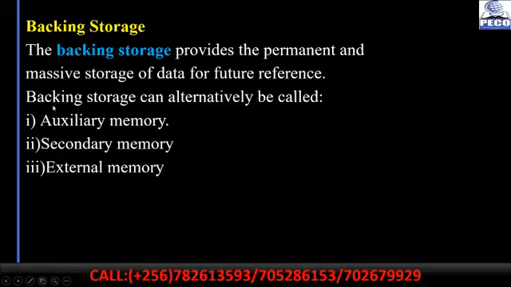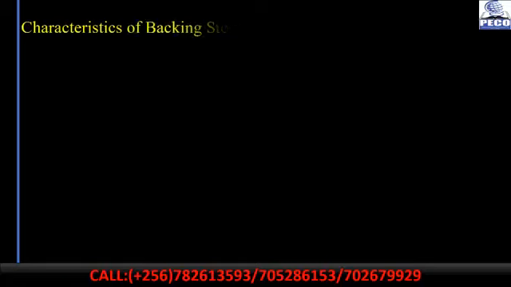Auxiliary, because these are simply giving help to main memory, which is slow. Secondary also means the same. External, because they are not internal, they are not storages within the CPU. They are external.